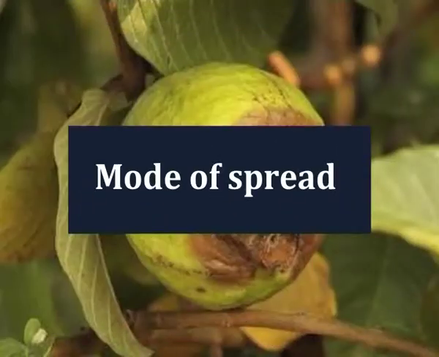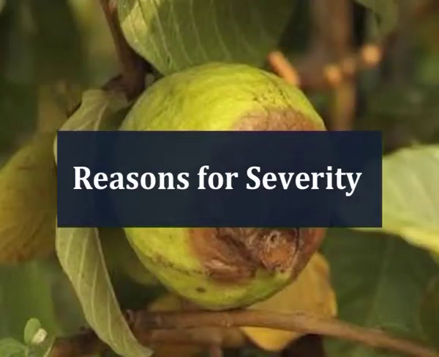Now let's see the mode of spread. The pathogen is primarily a wound parasite and avoids injury to fruits. Reason for severity of the disease. Germination of spores is maximum at 30 degrees centigrade and they do not germinate below 15 degrees centigrade or above 40 degrees centigrade, with relative humidity of 98%.